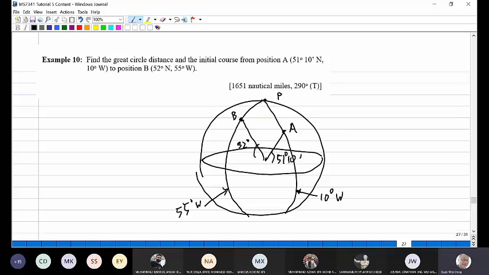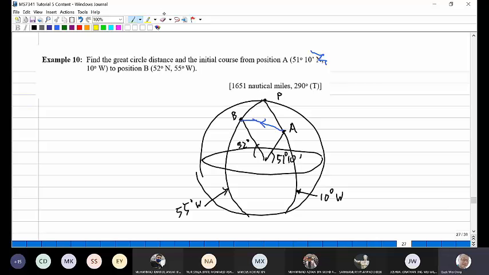Okay, the ship is going from A to B. So we can join the ship's path from A to B. So this is B, ship from A to B here. What we want to find is the great circle distance AB, and the initial course and final course.